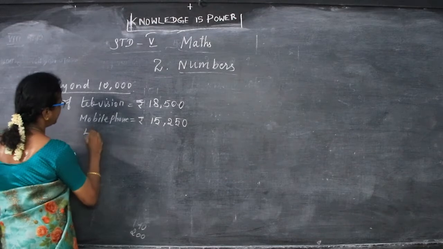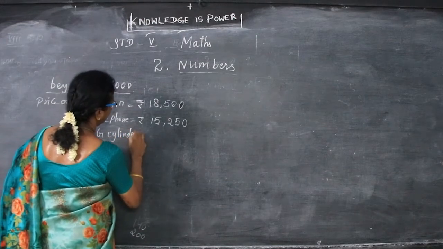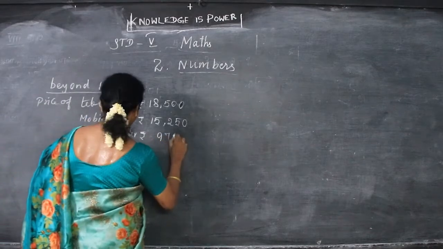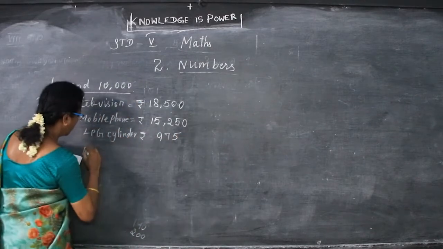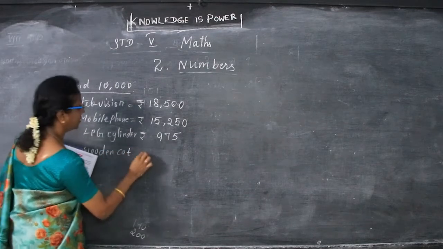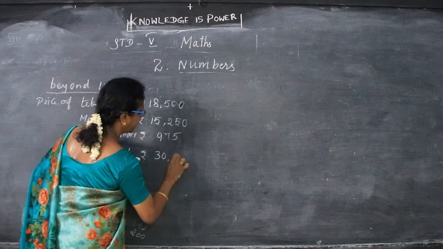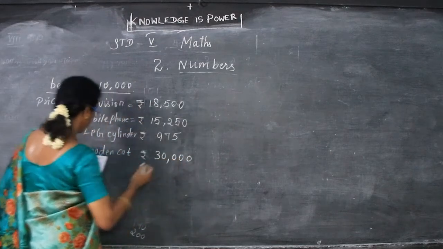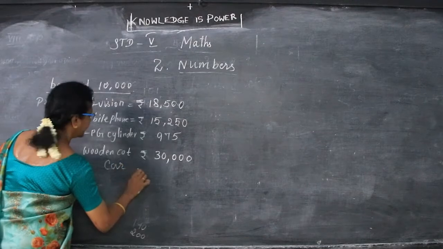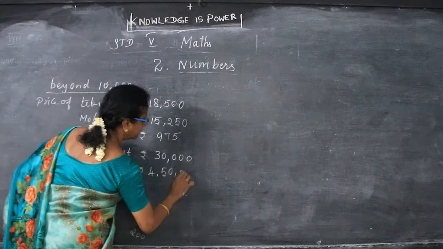Then LPG cylinder, rupees 975. Then a wooden cot, rupees 30,000. Whenever you are writing the numbers, you put the commas according to the digits. The price of a car is rupees 4,50,000.